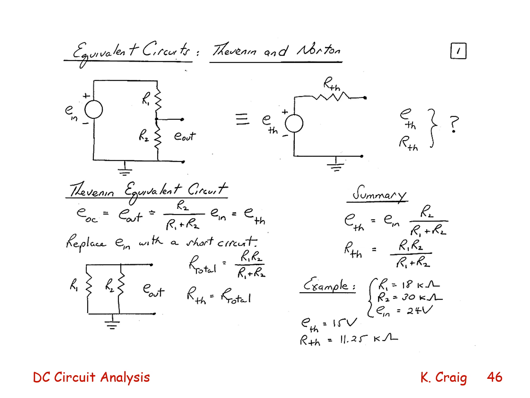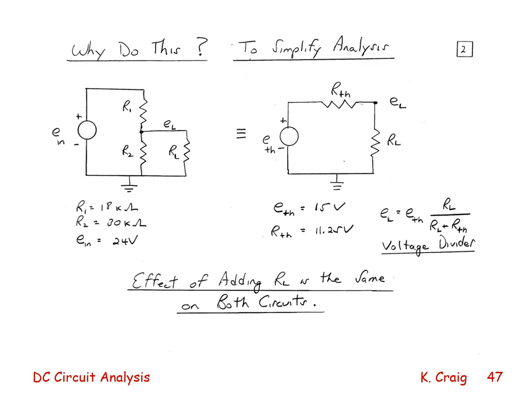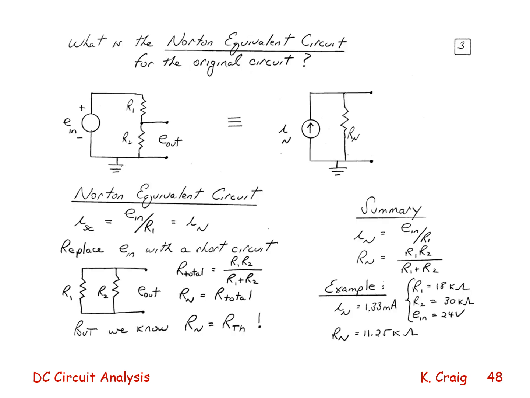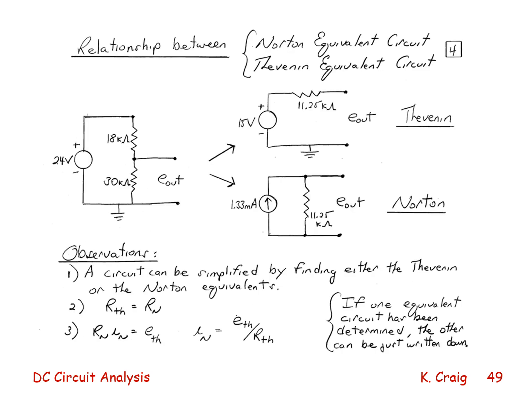So please work through the problems I have here on this slide, and then the next slide, the third slide, and lastly, the fourth slide, which shows the relationship between the Norton equivalent circuit and the Thevenin equivalent circuit.